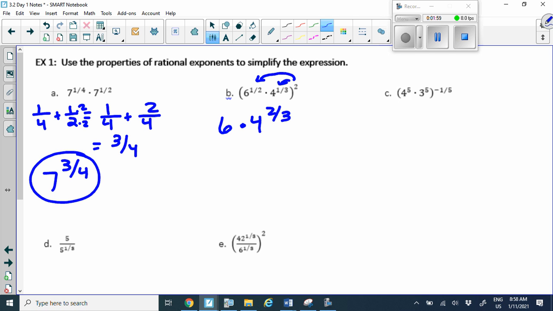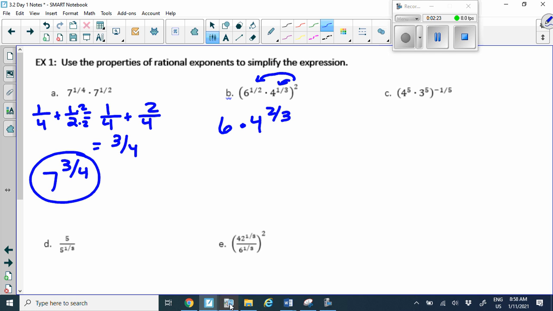Okay, now here I do need to ask you guys, do you think that we can multiply the 6 and 4? Well, in this case, no. So notice that the 4 has something attached to it. It's that 2/3. If we did 6 times 4 to give us 24 and then do 24 to the 2/3, that's not going to give us the same answer as we would have here.